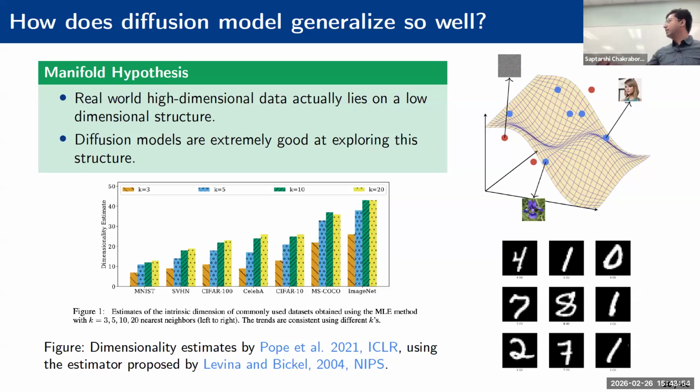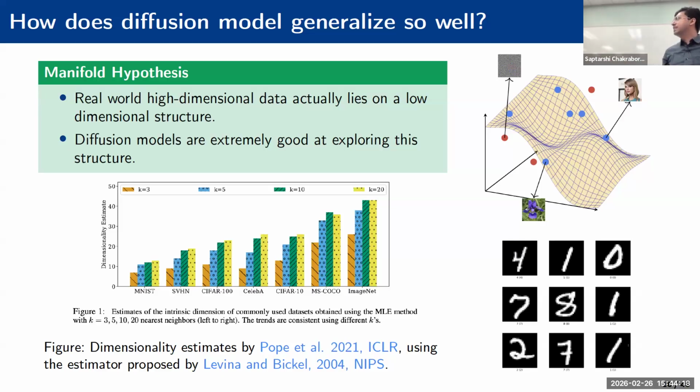So for example, considering MNIST, the images are 28 by 28. So the extrinsic dimension is 784, but the intrinsic dimension is quite small, maybe close to 10 or something. And for different image data sets, they can vary. For example, for ImageNet, they calculate this to be around 40 or 45 or something.